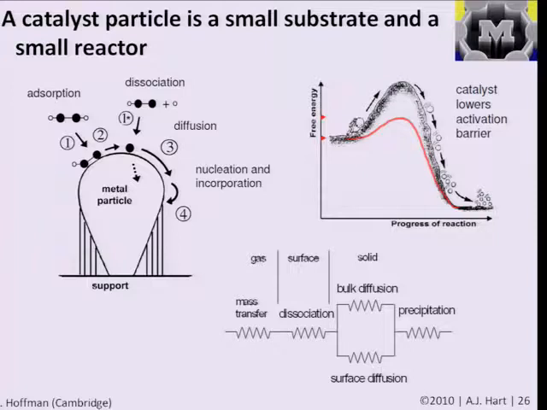And you have many steps involved in this process, and here it's represented by a resistor diagram where you have transport of the precursor in the gas phase to the structure, you have dissociation on the surface of the structure, you have diffusion in the bulk of the particle and also on the surface of the particle, and then you have the precipitation of the precursor out of the particle to produce the final structure.